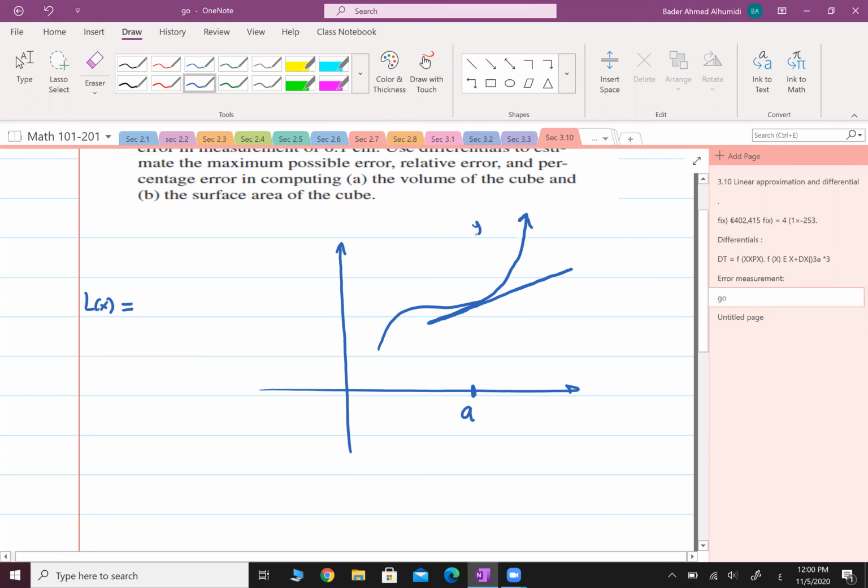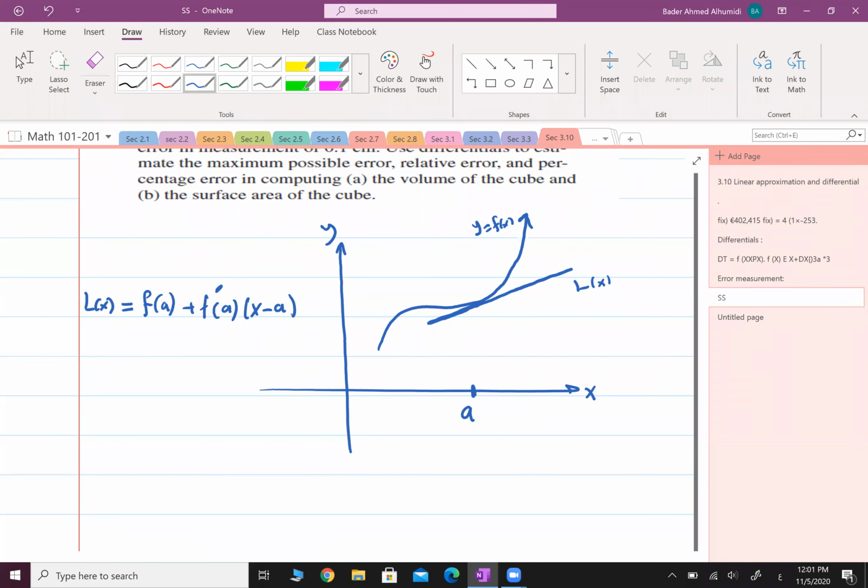It is just f of a plus f prime of a multiplied by x minus a. And you should understand that this represents the equation of the tangent line at the point A.